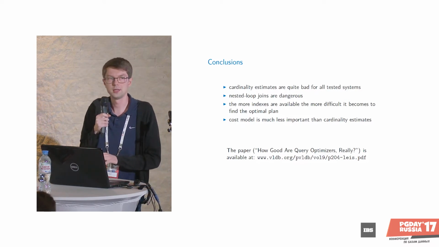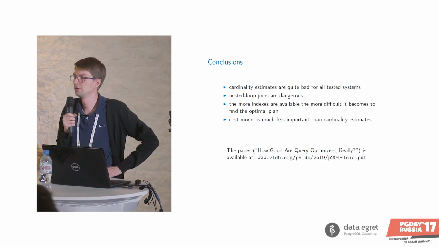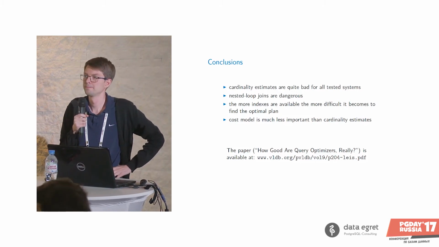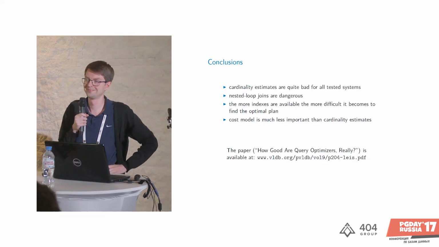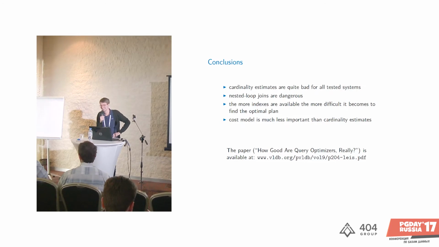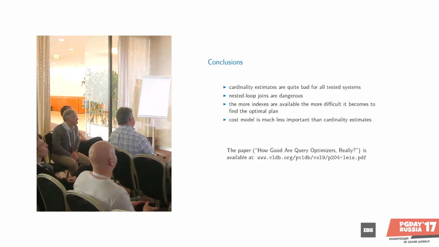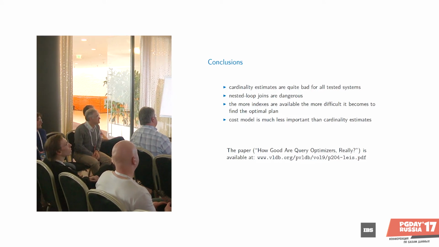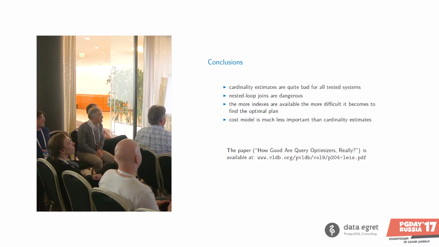Do you have any questions on that part? Yeah. From this research, do you have any suggestions for improving the cardinality estimates? I know that's a loaded question. Yeah, the thing is, people know this. We're not the first ones to see this, and people in research have been suggesting different things for 30 years.